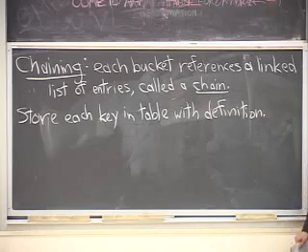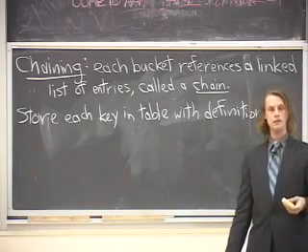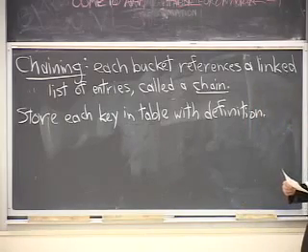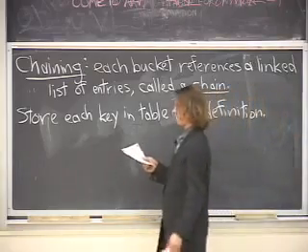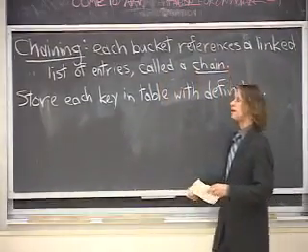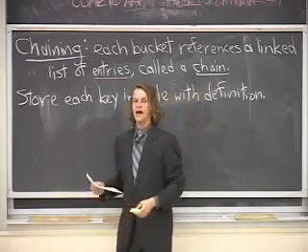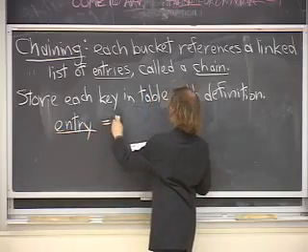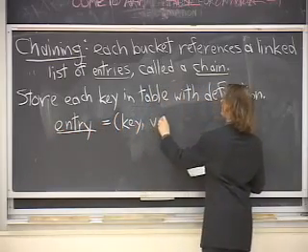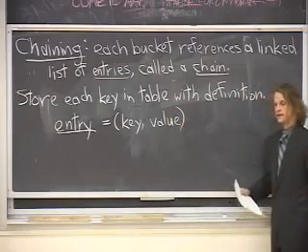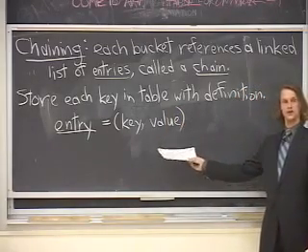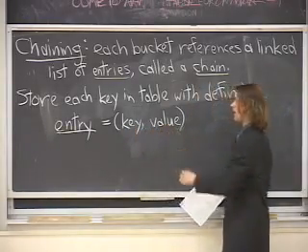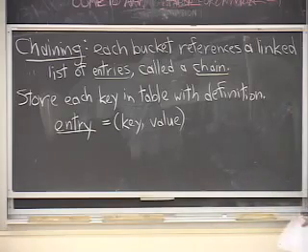So whenever I store a definition in the table, I'm going to store the key with the definition as a pair in that table. Now I'm going to have a chain of entries, and each entry is defined to be an ordered pair consisting of a key and some value that's associated with that key. This will be our general terms that we use for dictionaries and hash tables. In this particular case, the key is an English word, and the value is the definition of that word.